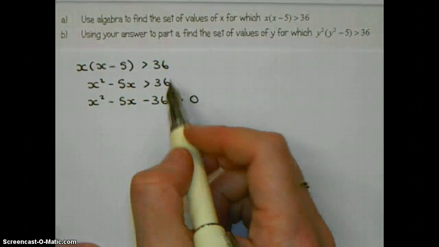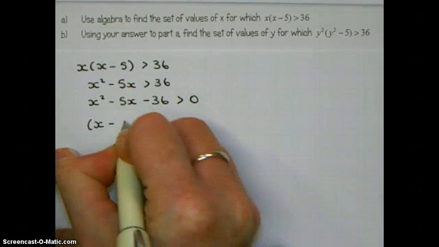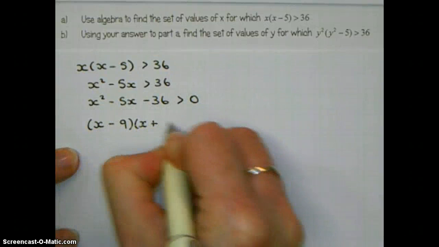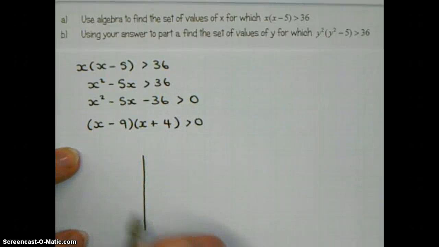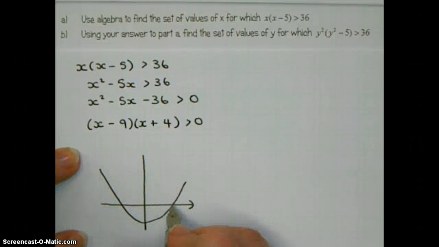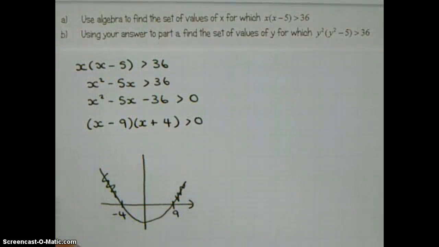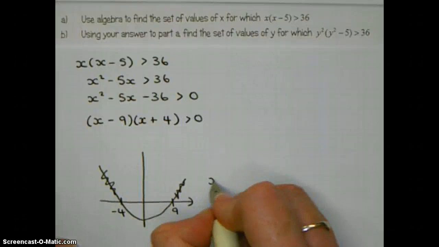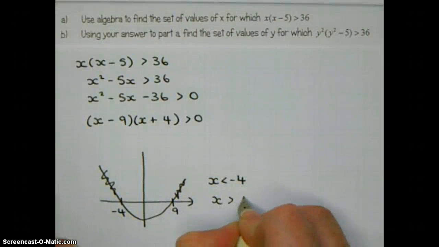So two numbers that multiply to give this and add to give this, well, that's got to be x minus 9 and x plus 4. So this graph is going to cross the axes at minus 4 and plus 9. And where the graph is bigger than 0 are these two bits. So your inequality is that x is less than minus 4 and x is bigger than 9.